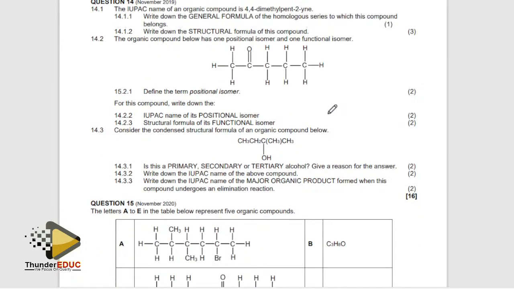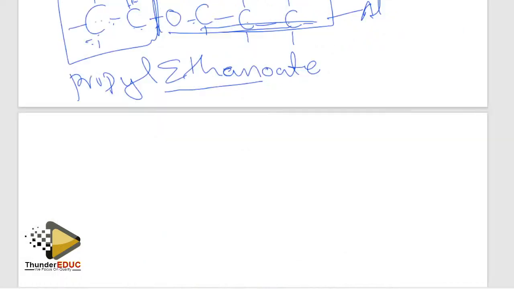You see, what is the positional isomer? Same structural formula, but different position of the functional group or the substituents. Simple. So make sure that you know. Once they ask you that, it's easy. Primary, secondary, tertiary alcohol, give a reason. If it is primary, it has 1 carbon atom attached to the carbon atom with the functional group.